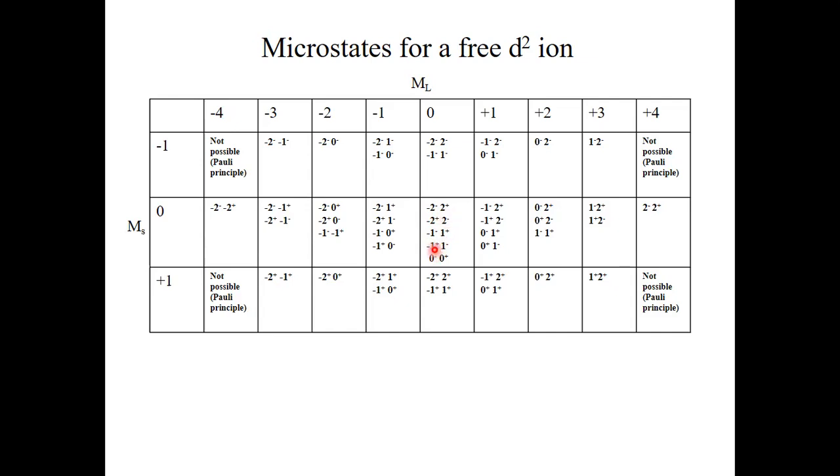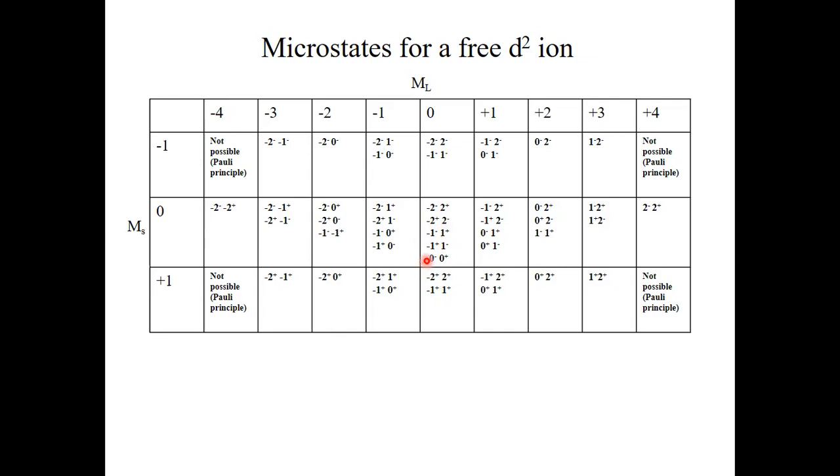Another possibility is that one electron has the ML value of +1 and the other one has the value of -1. Okay, -1 plus +1 also gives 0. And again, the other possibility that the first electron is spin down and the second electron is spin up, or the first electron is spin up and the second electron is spin down.